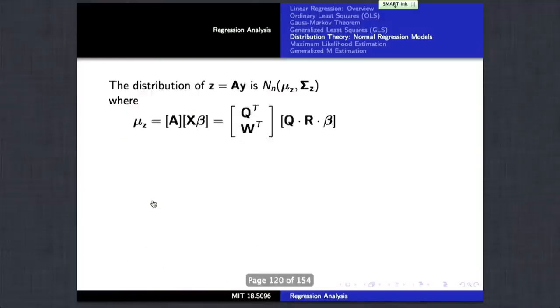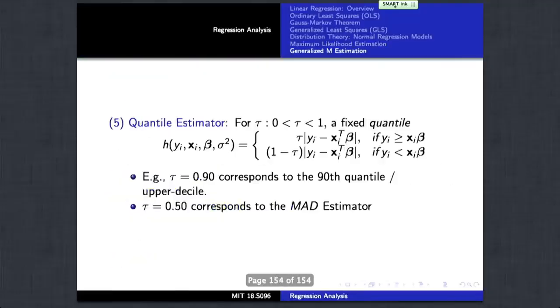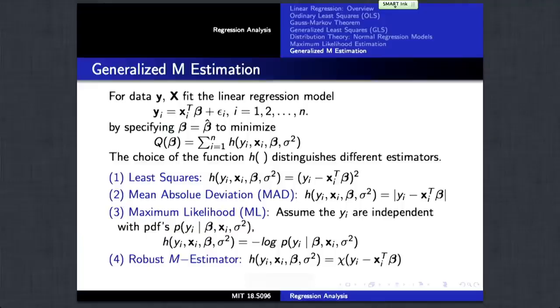So let's finish up these notes on estimation by talking about generalized M-estimation. What we want to consider is estimating unknown parameters by minimizing some function, q of beta, which is a sum of evaluations of another function, h, evaluated for each of the individual cases.